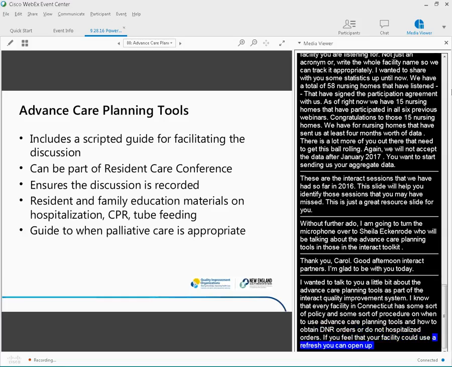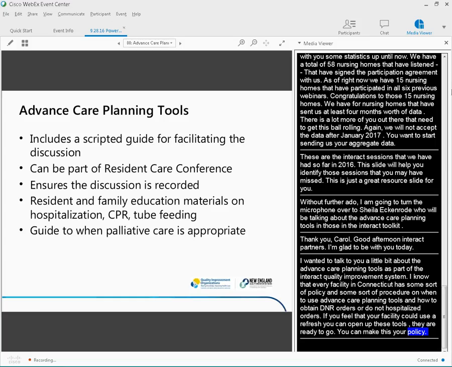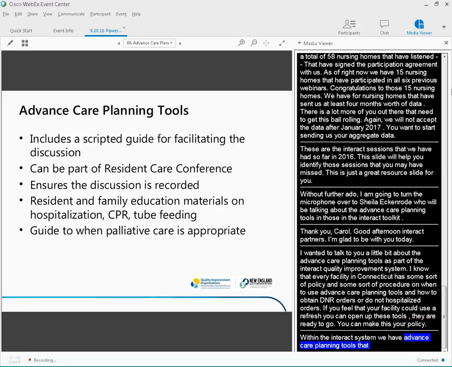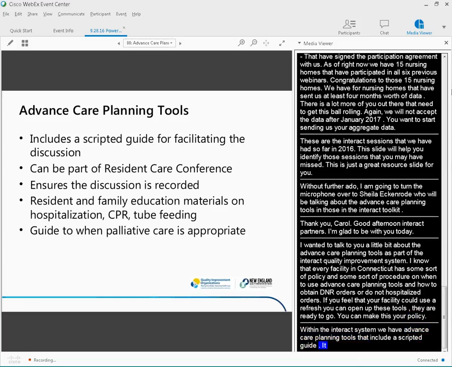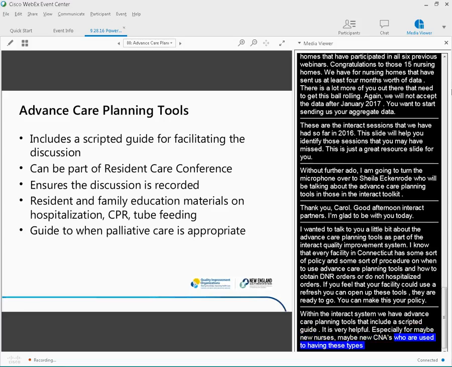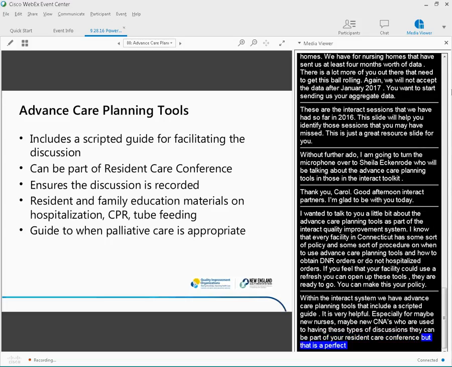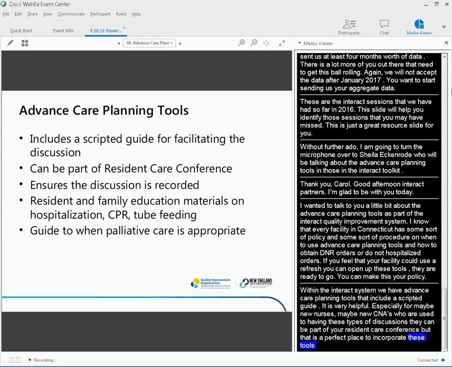So within the Interact system, we have advanced care planning tools that include a scripted guide, very helpful, especially for maybe new nurses, maybe new CNAs who aren't used to having these types of discussions. They can be part of a resident care conference. That's a perfect place to incorporate these tools, and using the tool will ensure that the discussion is recorded and can be accessed by other caregivers.